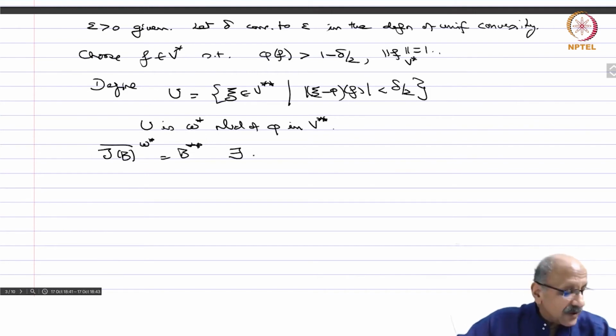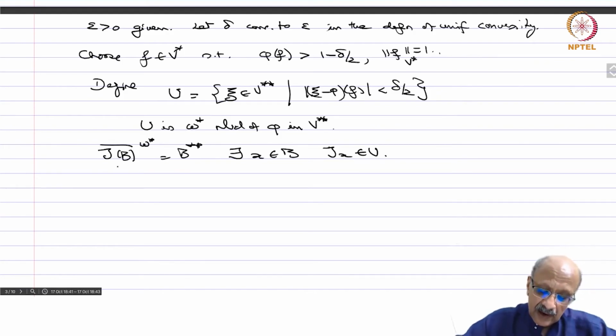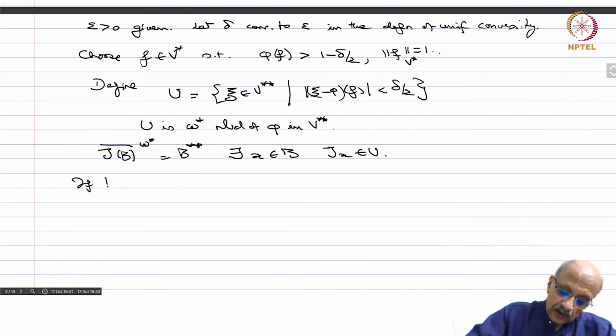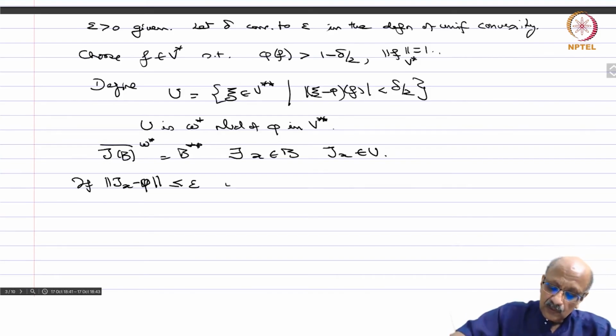Therefore, there exists an x in B such that Jx belongs to U, because every neighborhood must intersect JB in the weak star sense. So if norm Jx minus phi is less than or equal to epsilon, we are through.